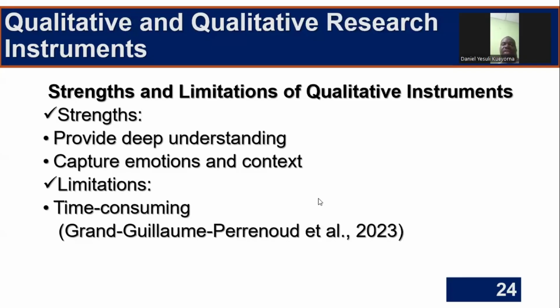So in terms of the feelings, the things around the figures are well looked at, and then they are contextualized. The limitation: they are time consuming, because an interview requires booking an appointment with the person and making sure it is convenient. Next slide, please.